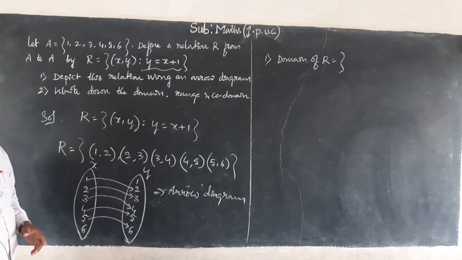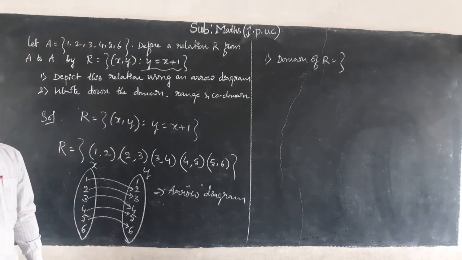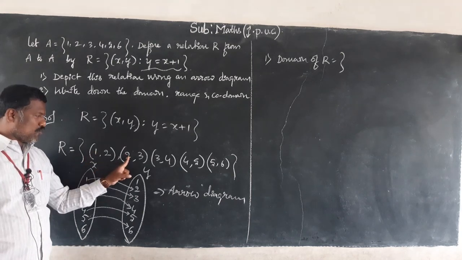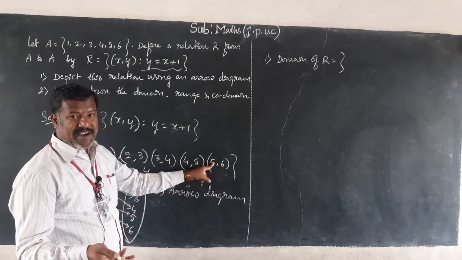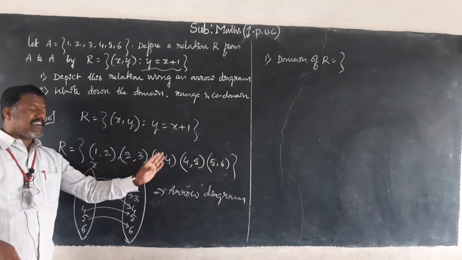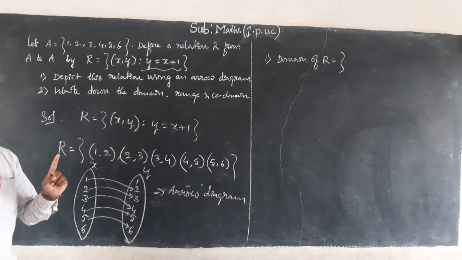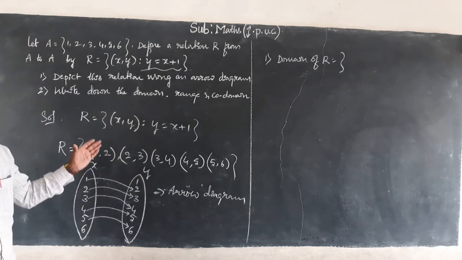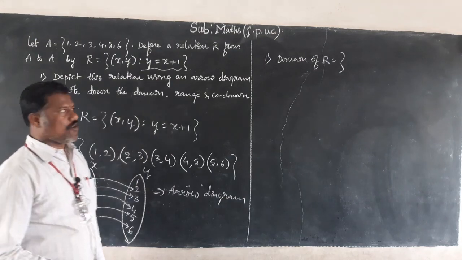Domain is nothing but, in an ordered pair, the first elements are called domain elements. See, 1 is a domain, 2 3 4 5 are nothing but domain elements. In a relation R, the ordered pair's first elements are called domain elements.